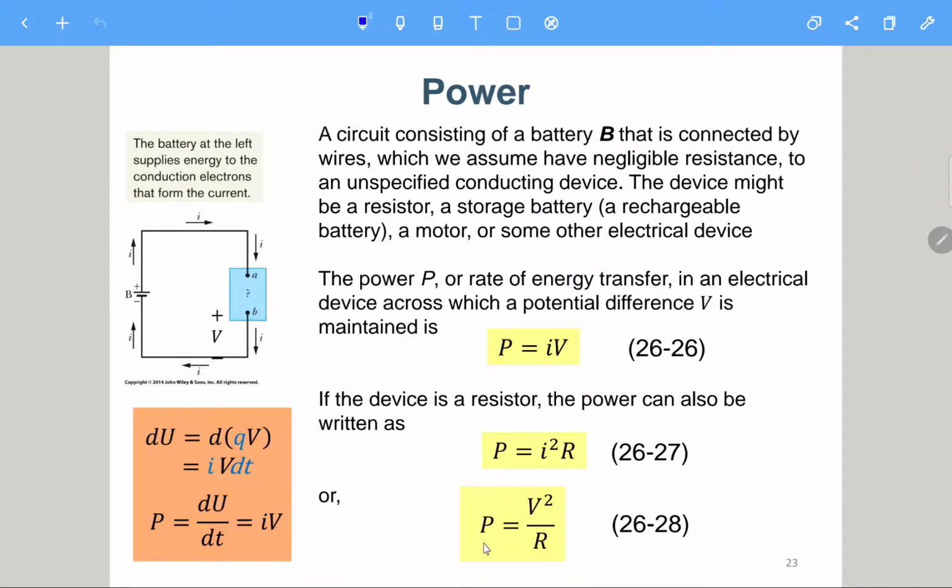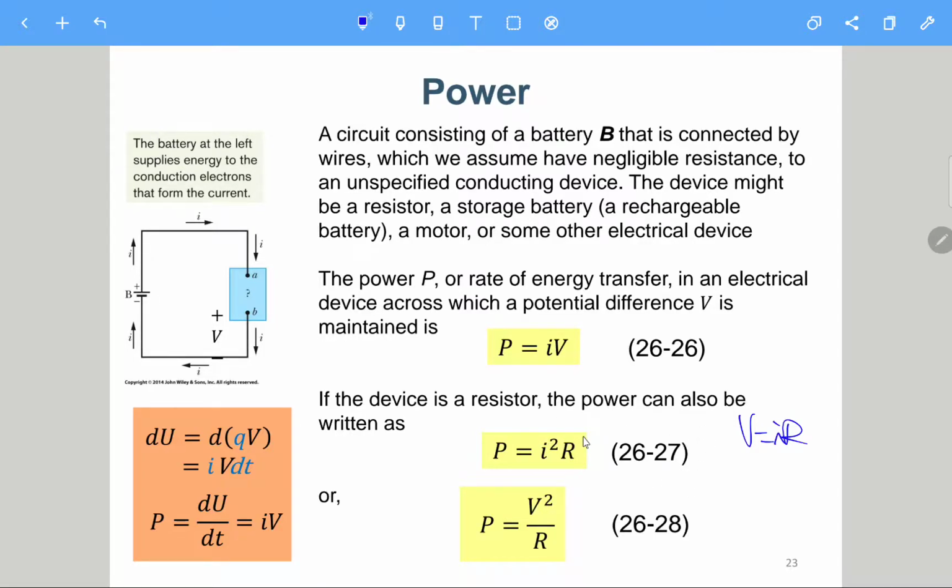So here we talk about the power. The power is nothing special. Actually, we can simply calculate by P equals IV, or P equals I square R, or P equals V square over R. We only need to use V equals IR to eliminate one of the variables, so that we have I and V here, we have I and R here, we have V and R here.